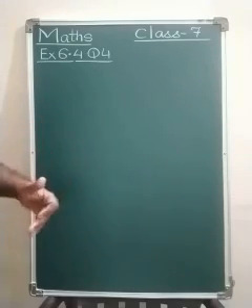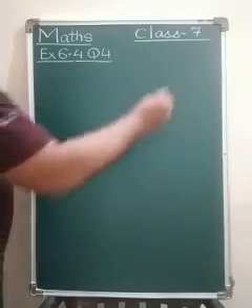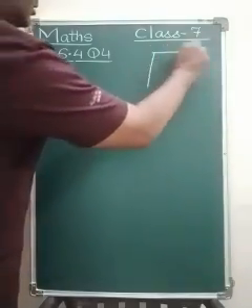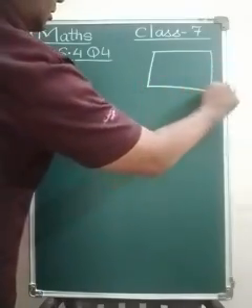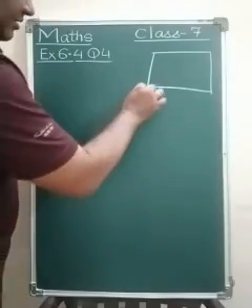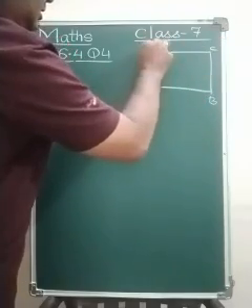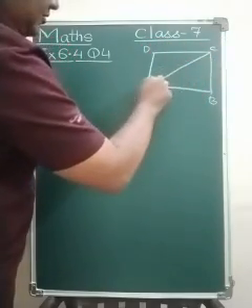Question number 4 and 5 are of somewhat the same kind. The same diagram you have to use. One quadrilateral is given. The name is given A, B, C, D, and the diagonals are given.